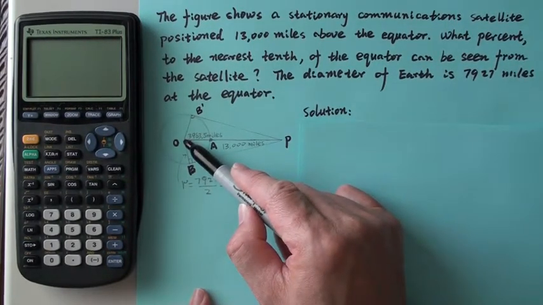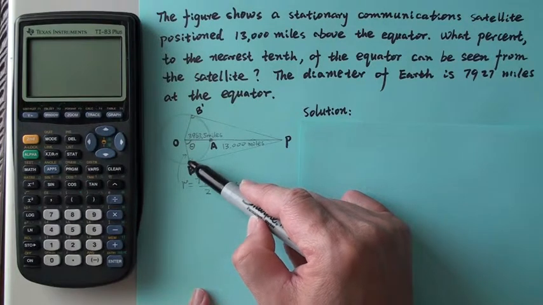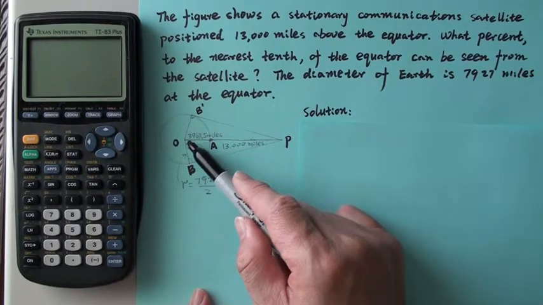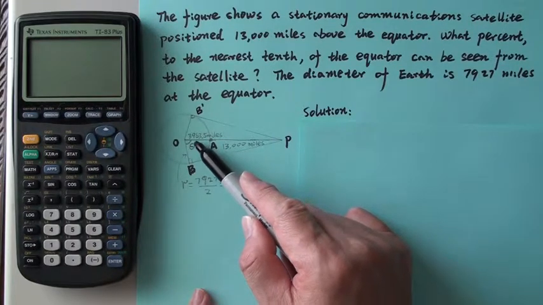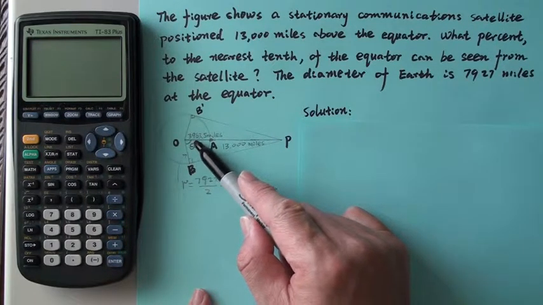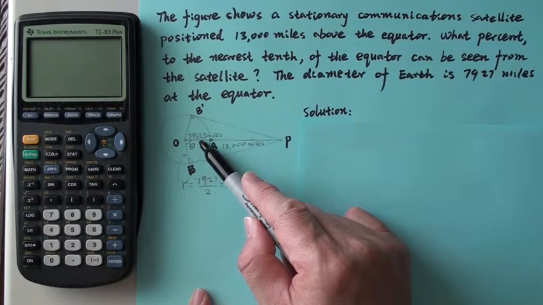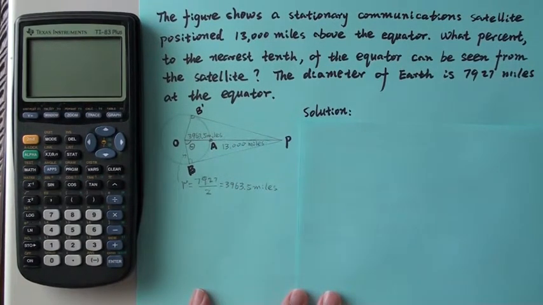So the length of OB, the radius, or the length of OA, the radius, is 3,963.5 miles.